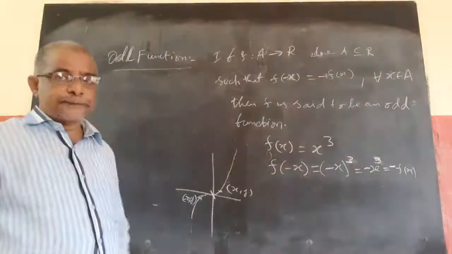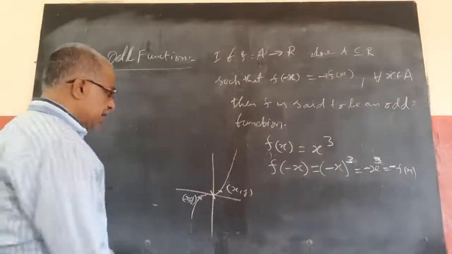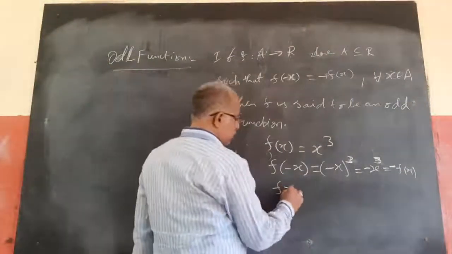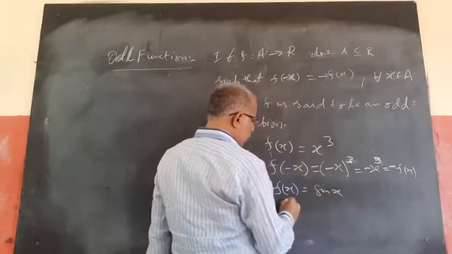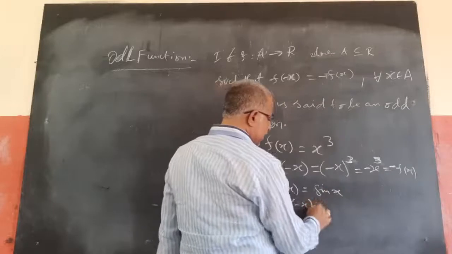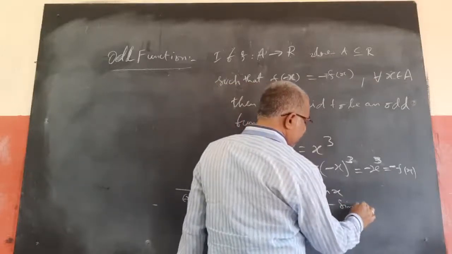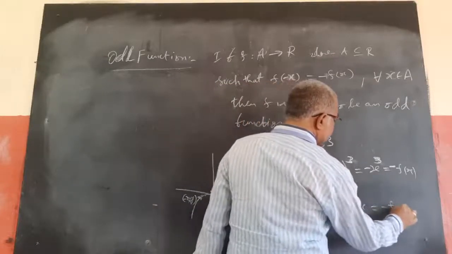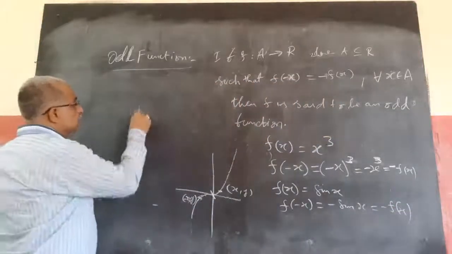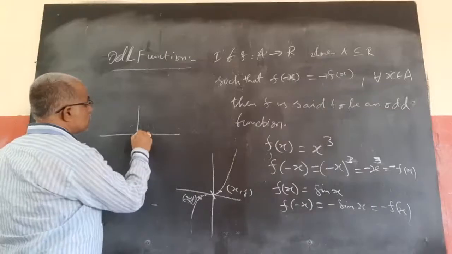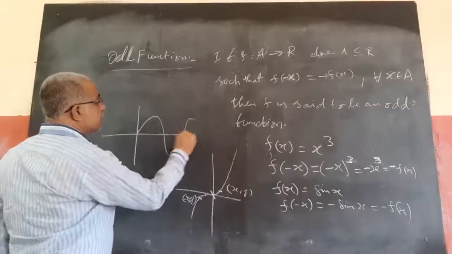Another example you can take is f of x equal to sin x. What about f of minus x? It is minus sin x, since sin of minus theta is minus sin theta. It's nothing but minus f of x, so sin x is also an odd function. If you draw the sin x curve, it will be like this.